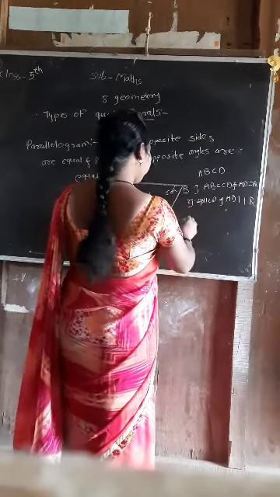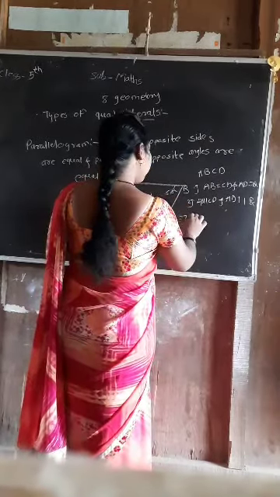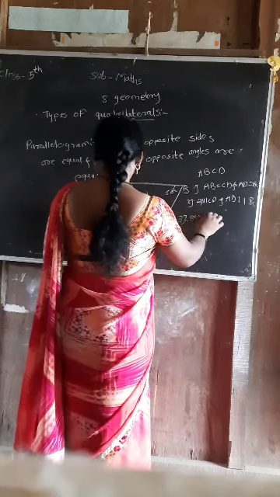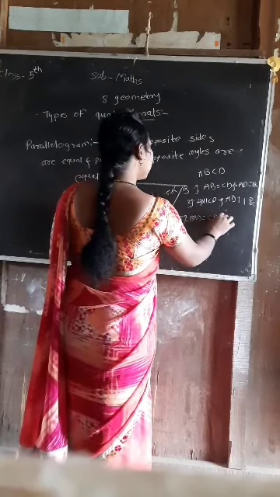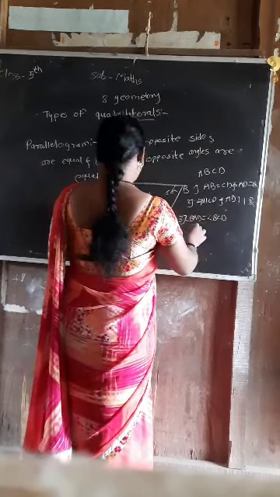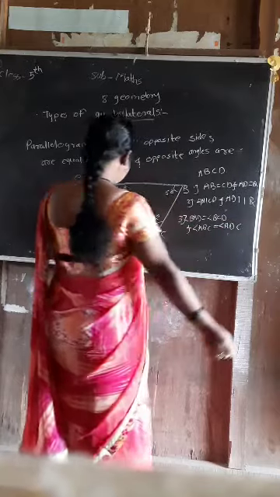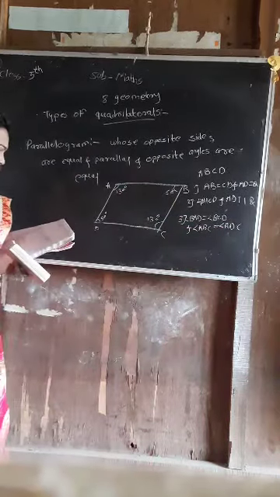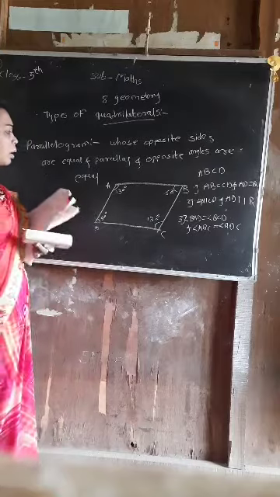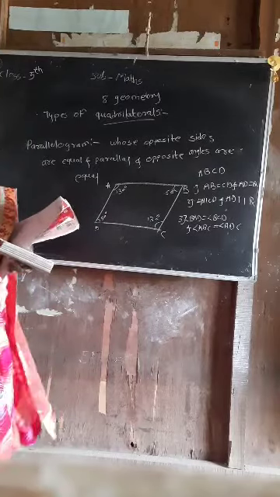Third one is angle BAD is equal to angle BCD and angle ABC is equal to angle ADC. Since quadrilateral ABCD is a parallelogram.